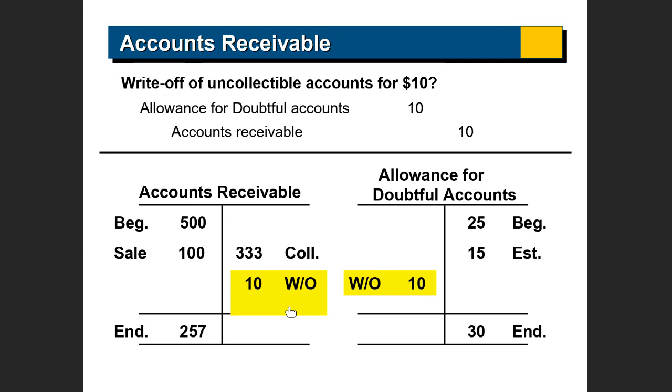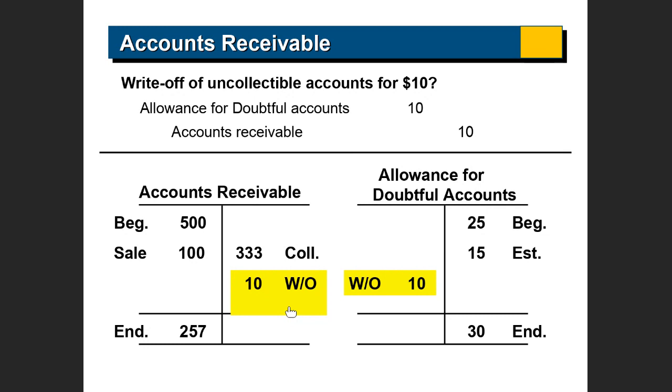This is not the direct write-off method. This is the allowance method. This is the write-off of uncollectible accounts. So the allowance method is also a method of writing off: the allowance write-off method and the direct write-off method. Write off means you get rid of the accounts receivable.